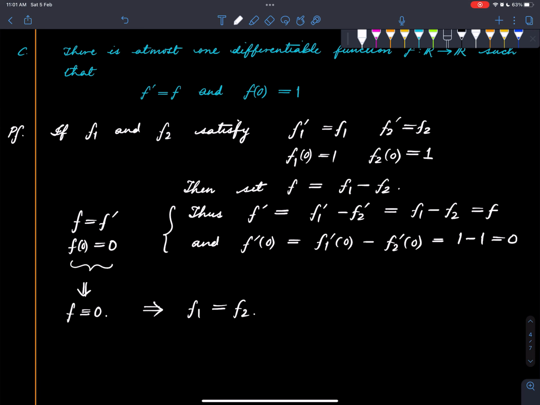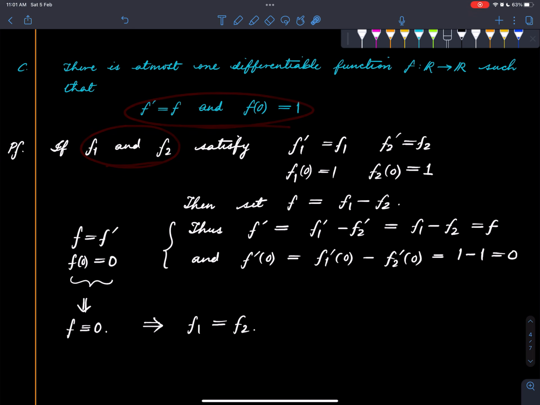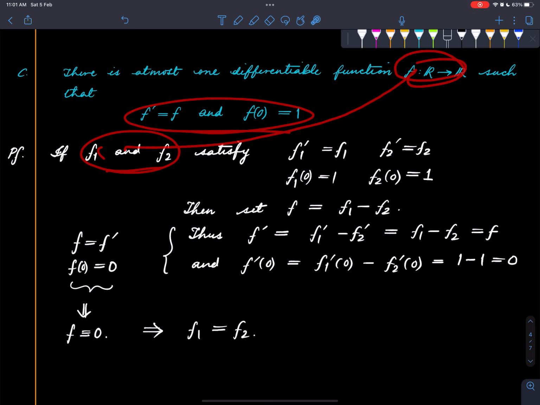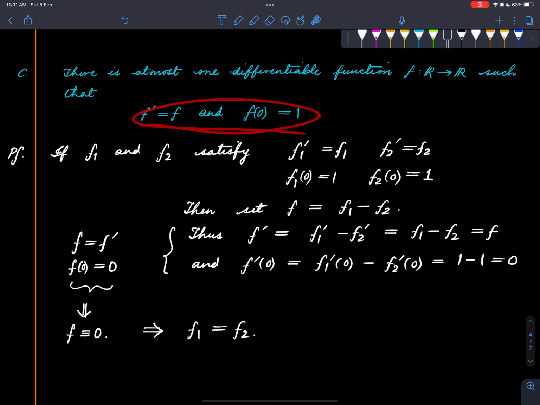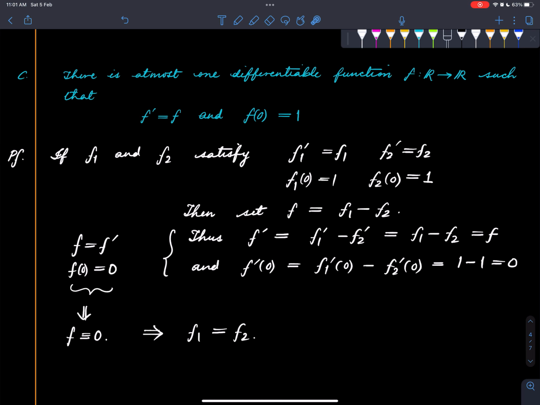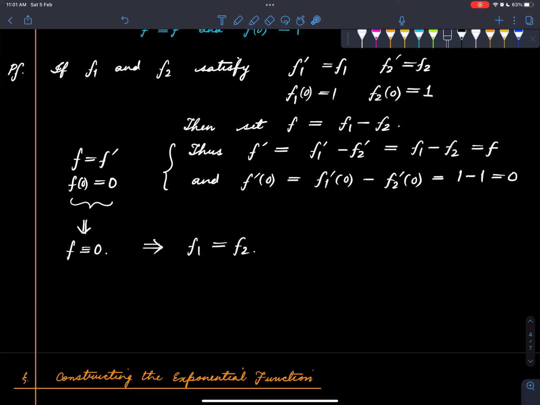So if we had two functions from R to R satisfying both these conditions, then they have to be equal, and therefore there is at most one such function. And now we can define the exponential function.